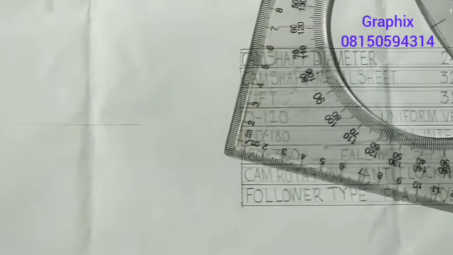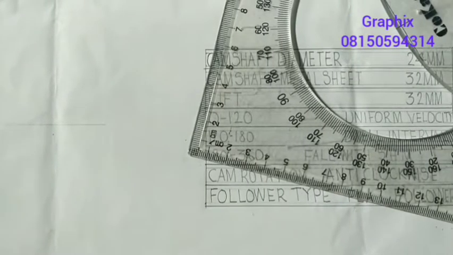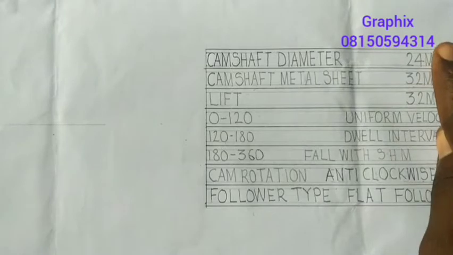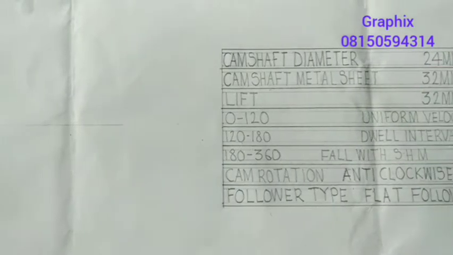So we've gotten our center point here, right? Now the next thing you do again is to draw the first thing, which is the cam. You draw the camshaft first. And the camshaft diameter is 24 millimeter. So we'll do that.